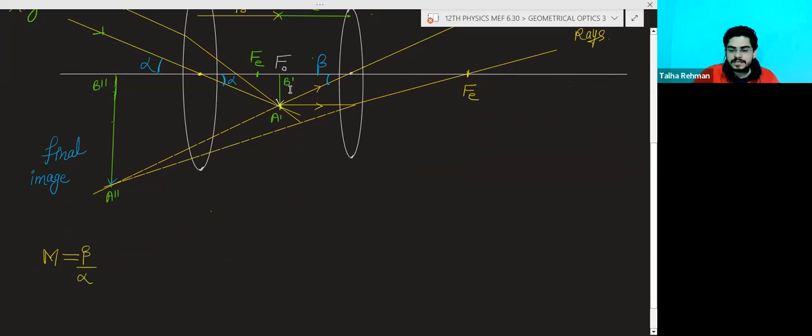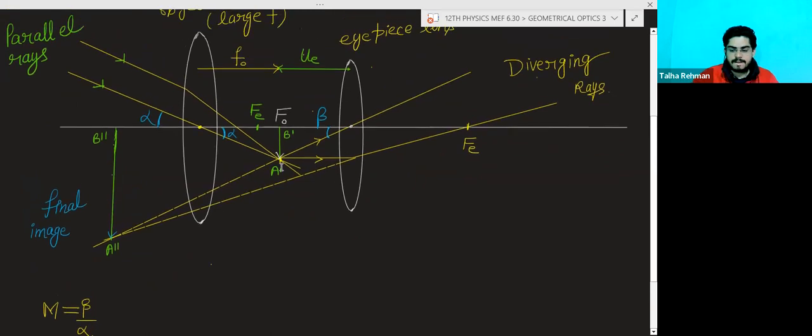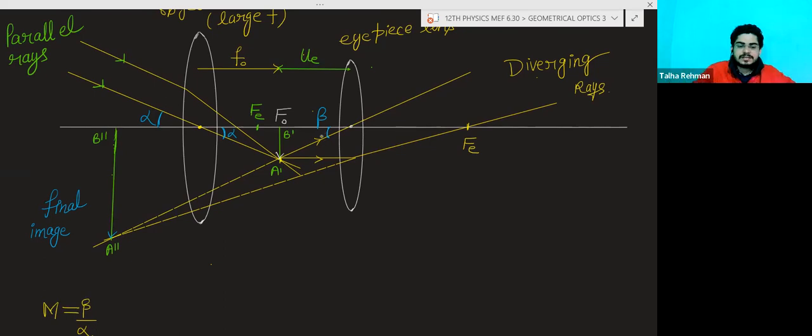Now this A dash B dash image, as compared to the object, is very small. So alpha and beta angles will also be very small.